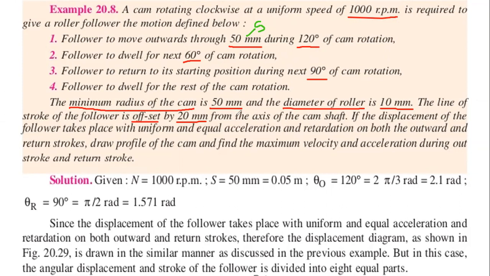Next, the displacement of the follower takes place with uniform acceleration and retardation on both the outstroke and return strokes.